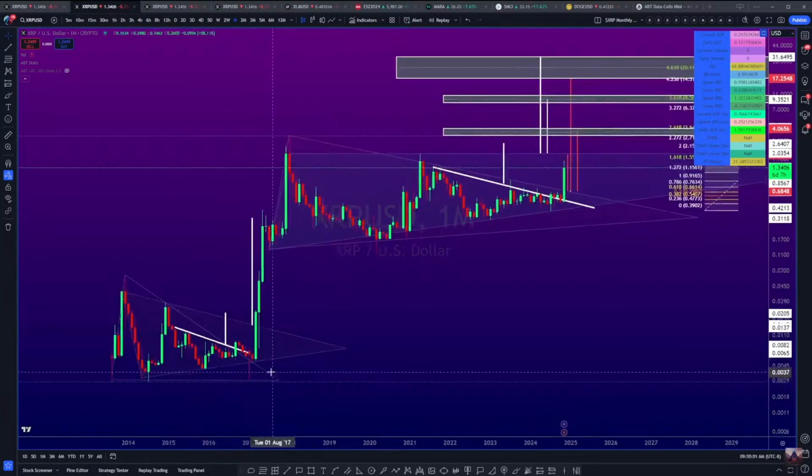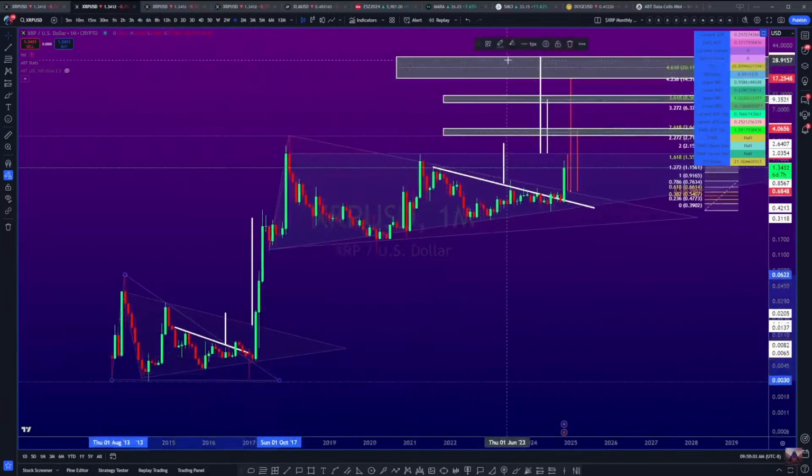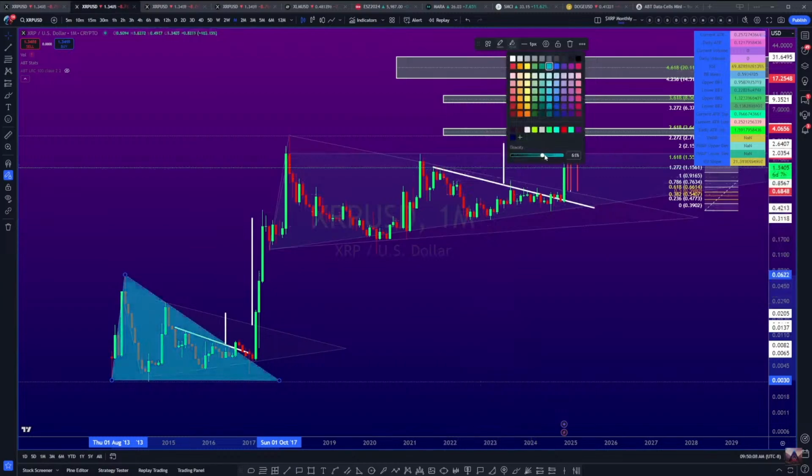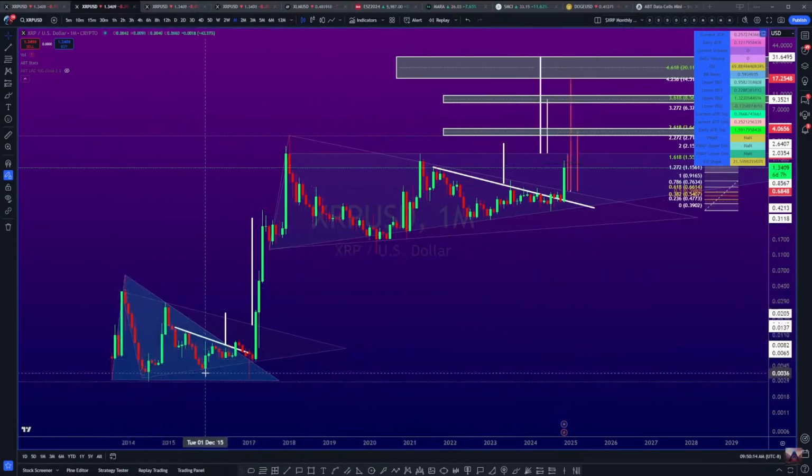The first iteration has a descending triangle. Let's go ahead and highlight this. The first iteration has a descending triangle. Breaks out at the 75%, 70% to the apex of the triangle. This is the apex here. Validates supports, shakes out to the bottom of the triangle, and continues to rally towards the upside, right?